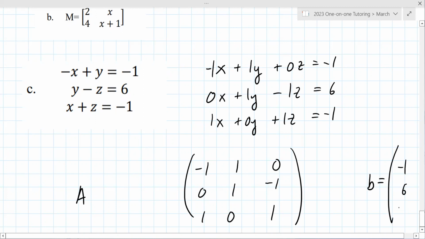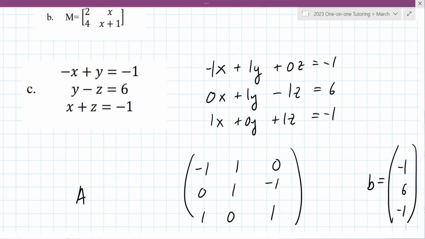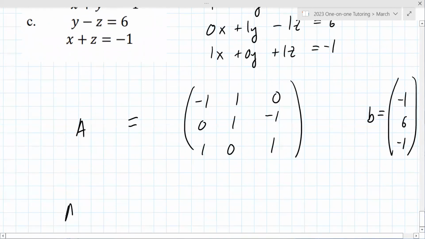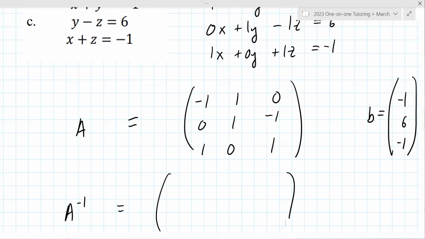It's -1, 6, -1. So to solve this using the matrix inversion method, you do have to find the inverse of A. If you're trying to show your work, you can use your calculator and just show the output each time. Say, okay, A inverse, here's my actual inverse.